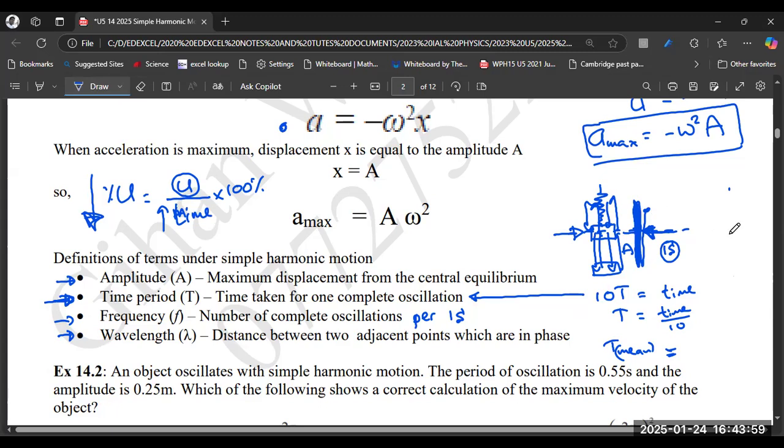So what we do is measure the time for a few complete oscillations. We measure the time taken for 10 oscillations and then calculate the time for one oscillation. And using frequency equals 1 over time period, we can calculate the frequency. That is right.